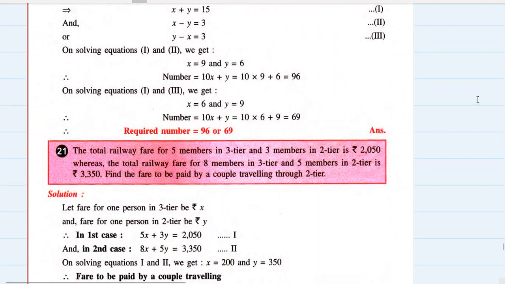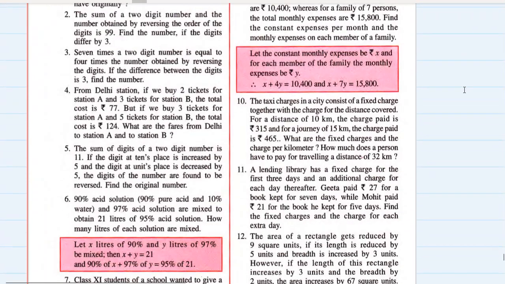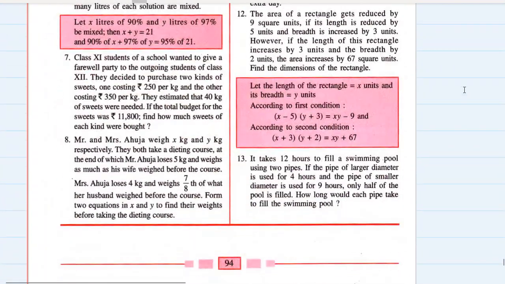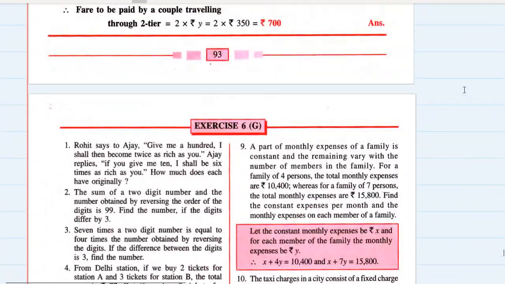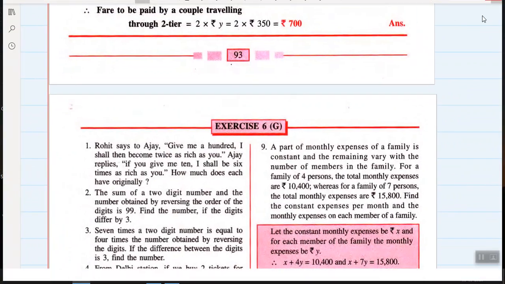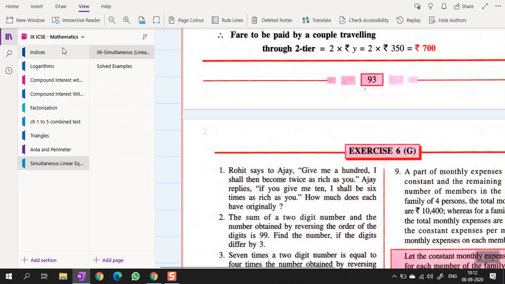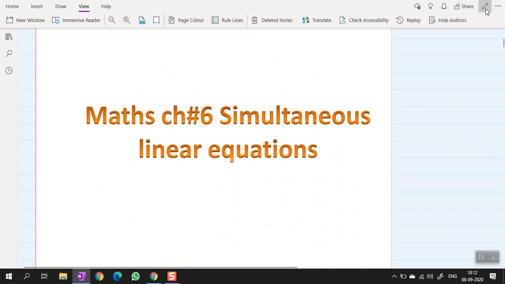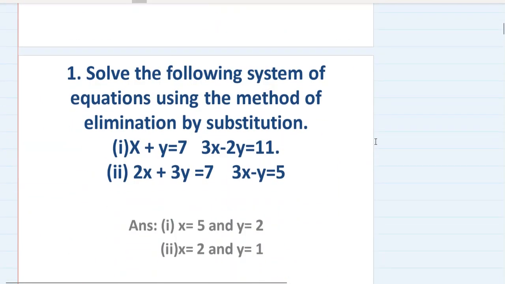So we are going to do all of them in different videos, maybe 3 or 4 videos. We are going to finish this chapter. And the remaining exercises, that is up to 6G, all the questions will be given as homework. So huge homework is coming your way. Let's start.